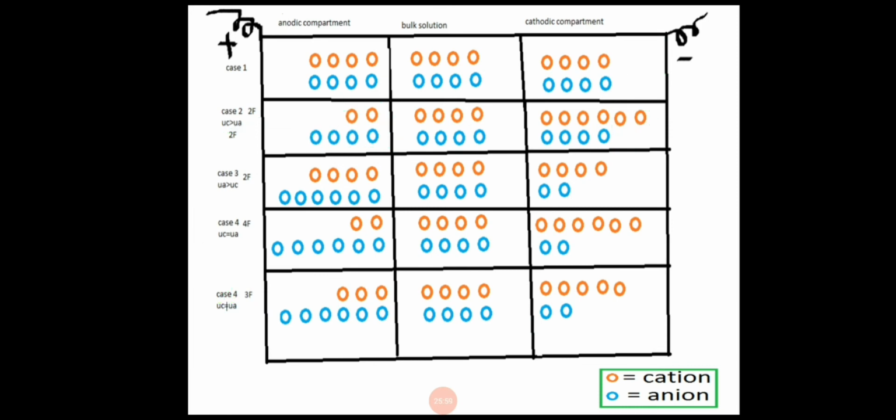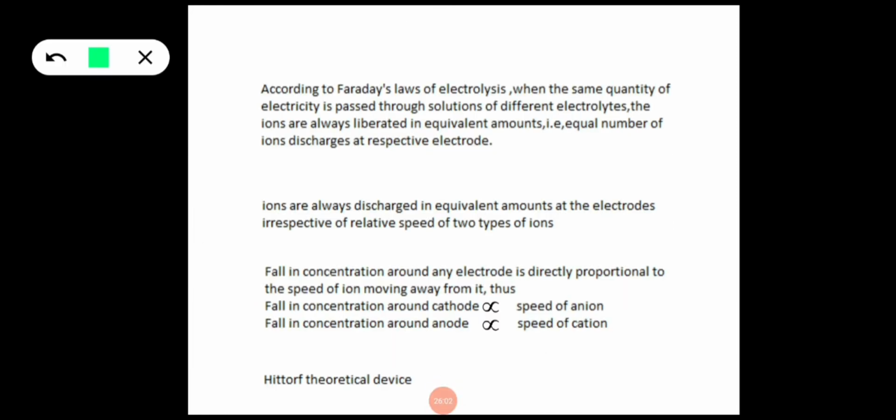So we can say that the fall in concentration around the cathode is proportional to the speed of the ion which is going out of this compartment. From the cathodic compartment, the anion will go out to the anodic compartment. So the fall in concentration around the cathode is proportional to the speed of the anion.